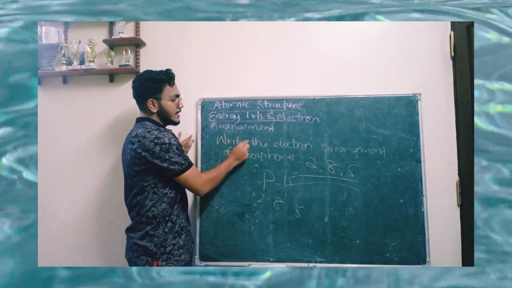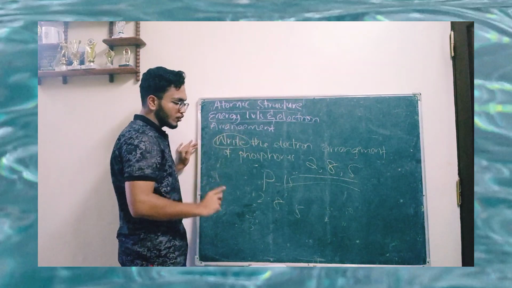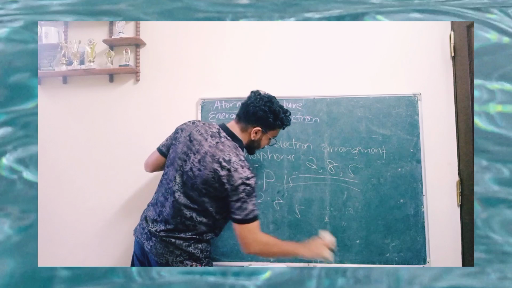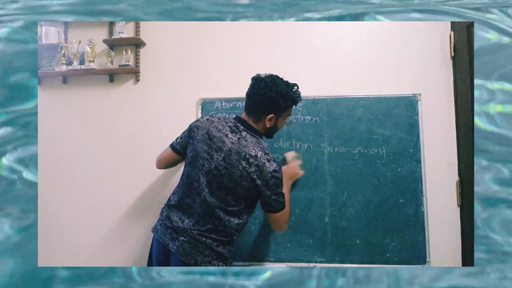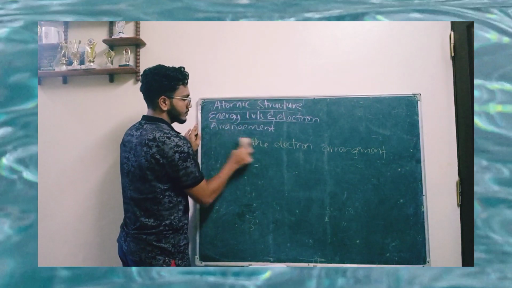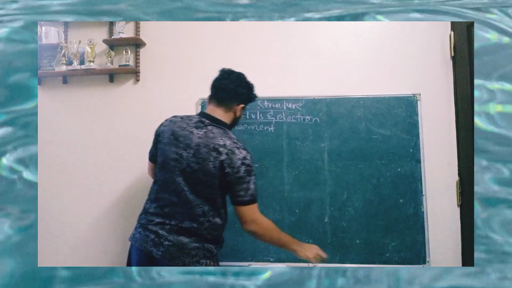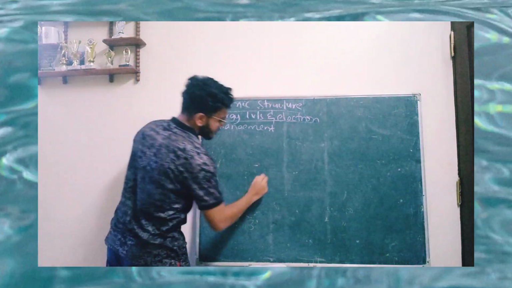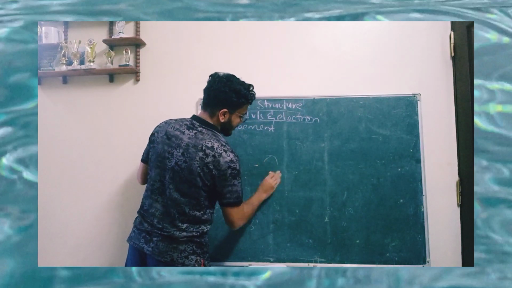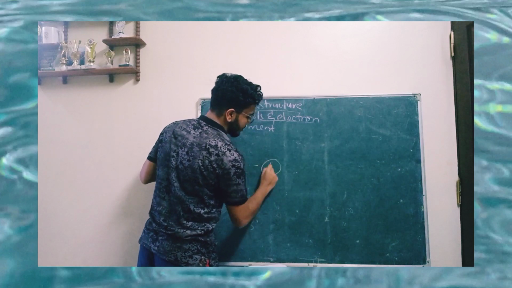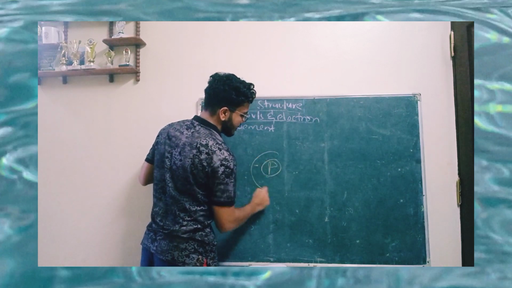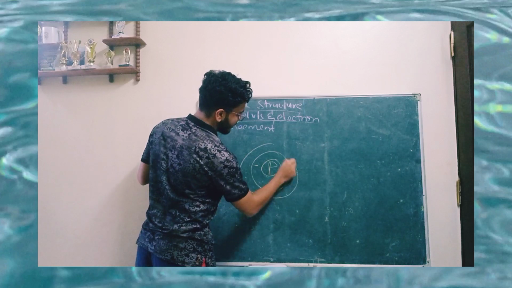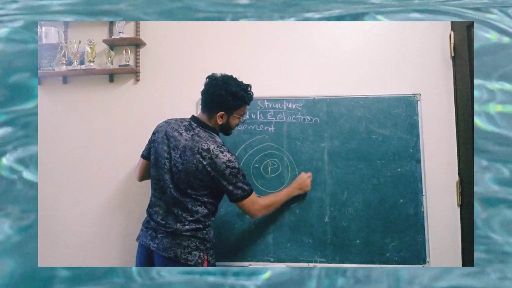If you are told to draw, you will draw the atom of phosphorus and represent the electrons. Draw the nucleus with P, then the first energy level, the second energy level, and the third energy level.